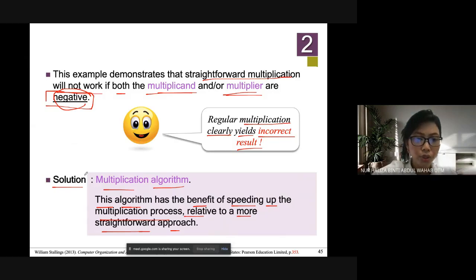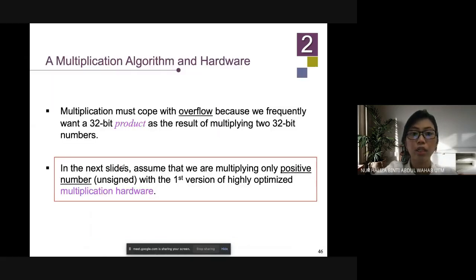Now the solution for all these cases, you're going to apply the multiplicand's algorithm. So later on you will see what a multiplicand's algorithm and hardware is. Multiplicands must cope with overflow because we frequently want a 32-bit product as the result of multiplying two 32-bit numbers.